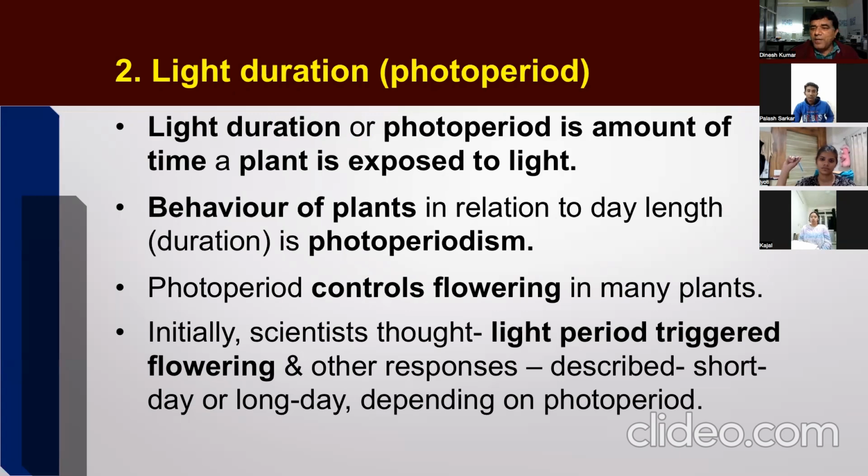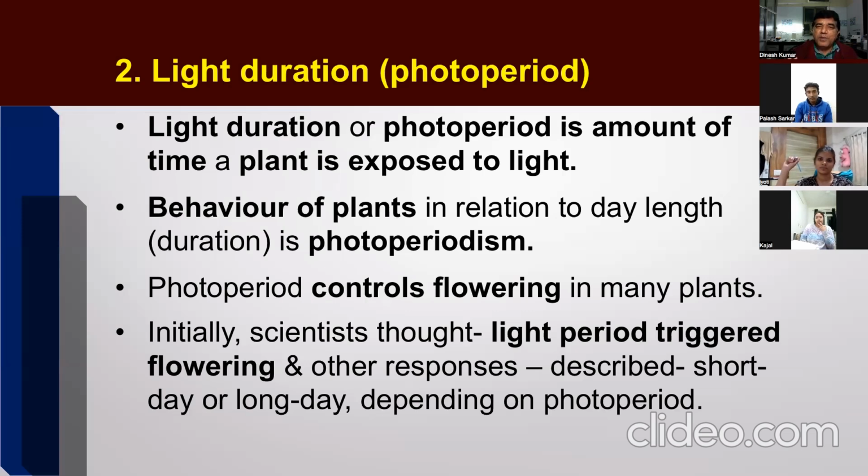Photoperiod controls flowering in many plants. Initially, scientists thought that the light period triggered the flowering, and other responses were described as short day or long day, depending on the photoperiod. So plant physiologists thought that plants should get a minimum number of hours of light for flowering.